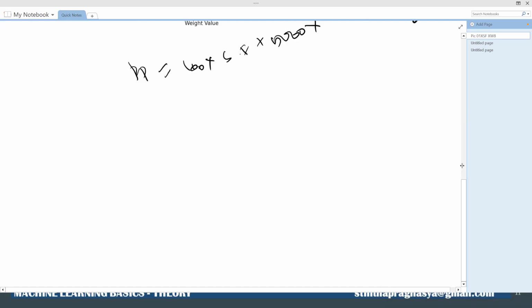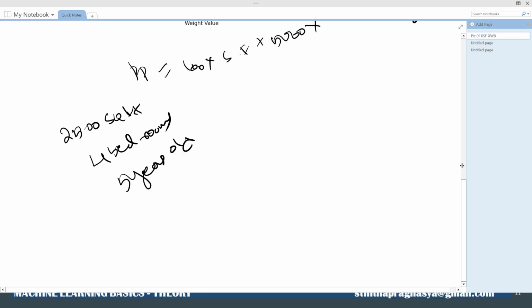assume that our new house that we want to calculate has square feet and 4 bedrooms and 5 years old, and the zip code, let's say 12345. Okay, now how will this calculate the value? Simple.